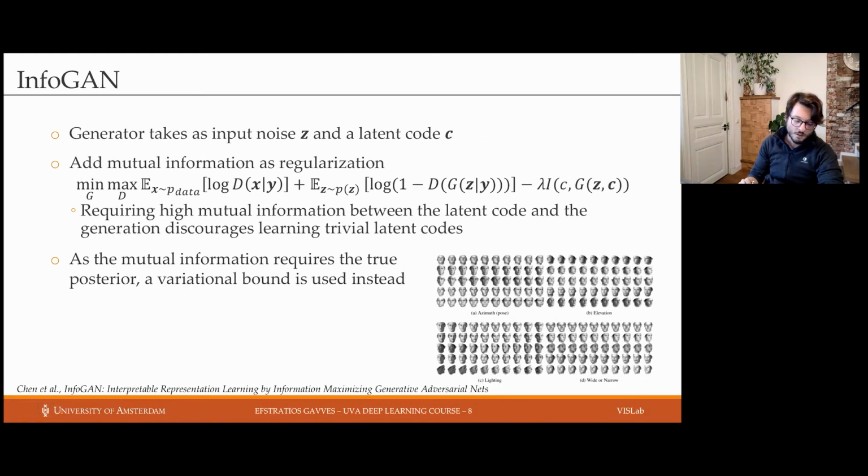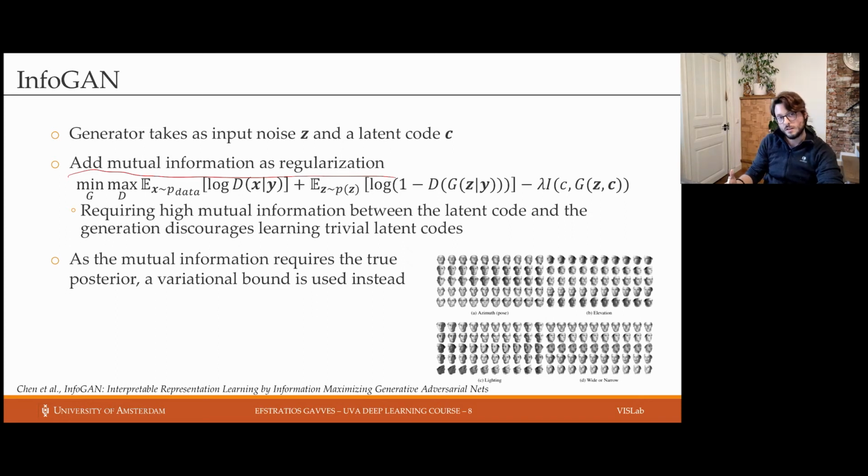InfoGAN poses the idea that our noise variables should somehow be disentangled, should be carrying distinct types of features or information per dimension or per subset of dimensions. So the InfoGAN method proposes to add a mutual information term as regularization on top of the min-max constraint.